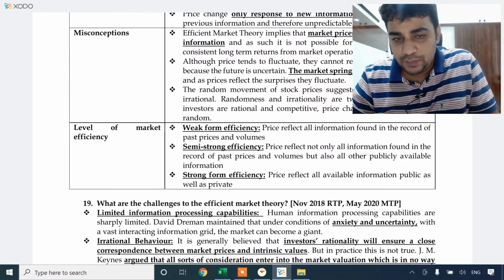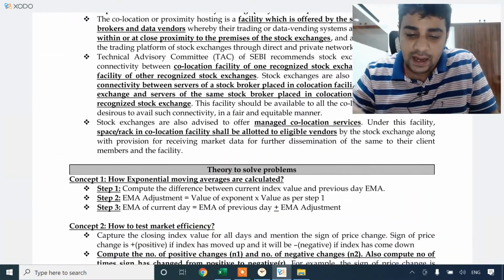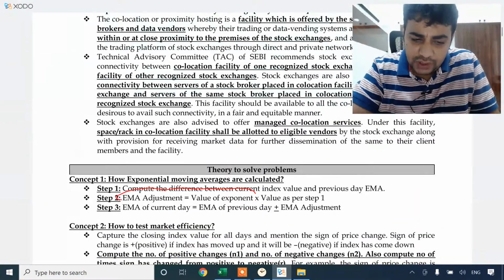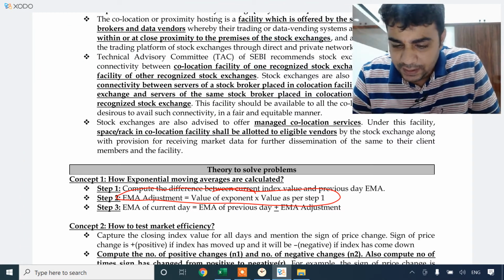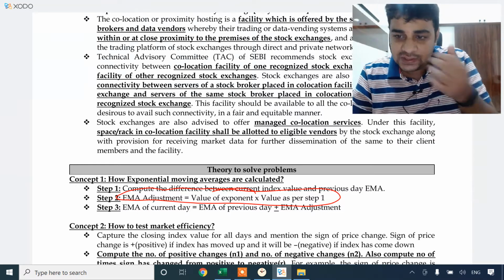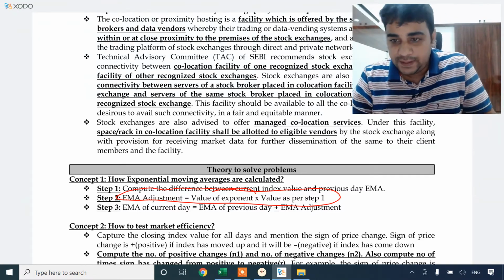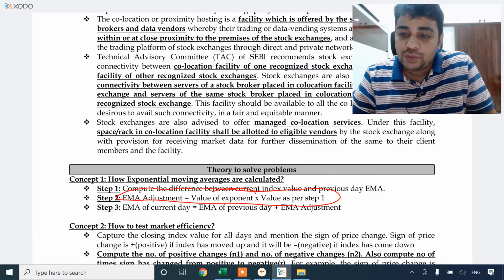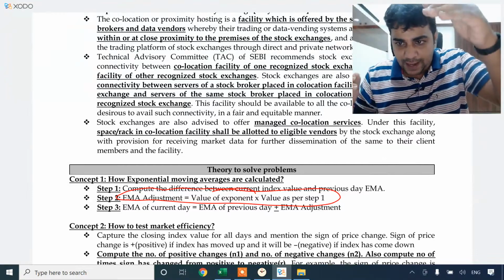For exponential moving average, we need an item called the EMA adjustment, or the exponent. The EMA adjustment is calculated using the value of the exponent, which would be given in the question, and a value calculated by comparing the current value of the index with the exponential moving average. First they would give you values for multiple periods.